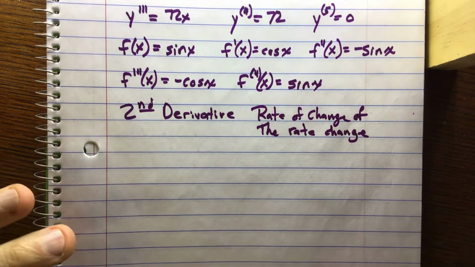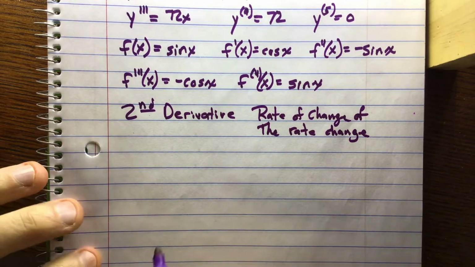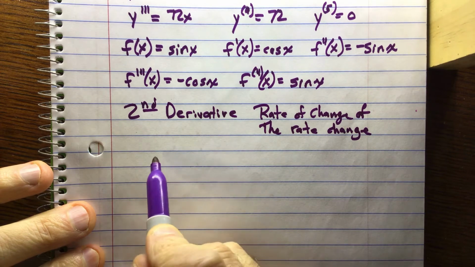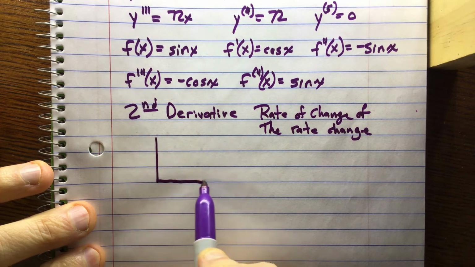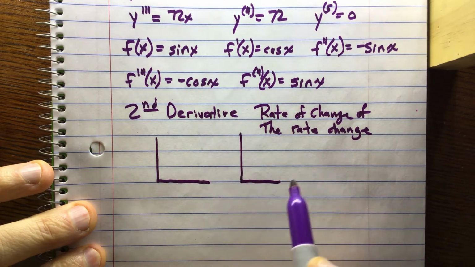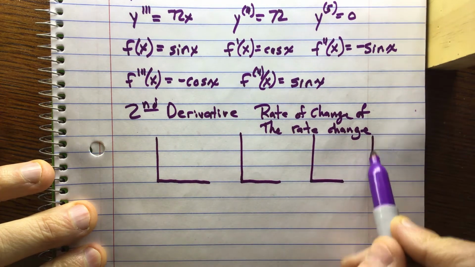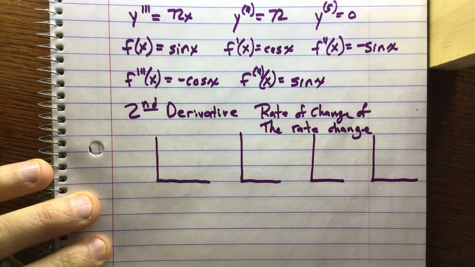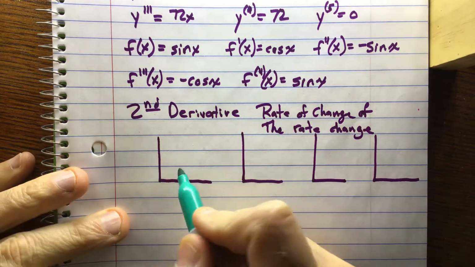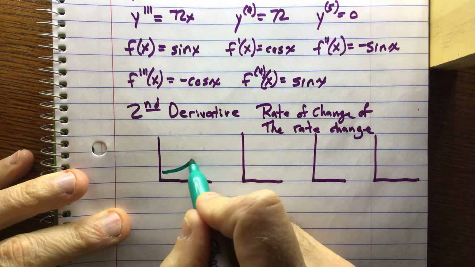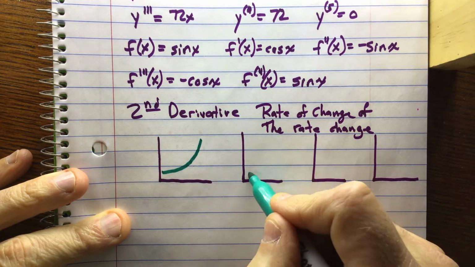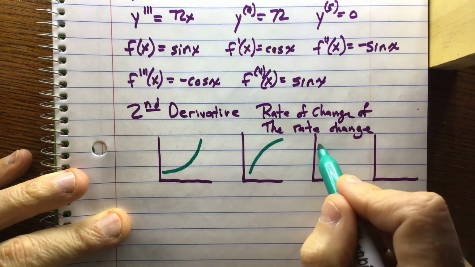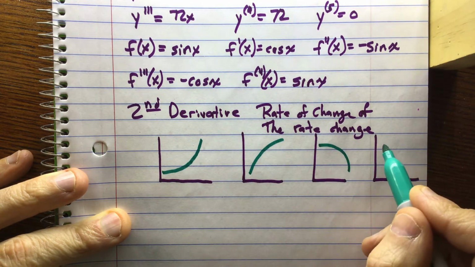Okay, so that's just one particular application, and I just want to show you a couple of graphs and some interpretation of what the second derivative means. So if you had a graph that looks like this versus this, and this.